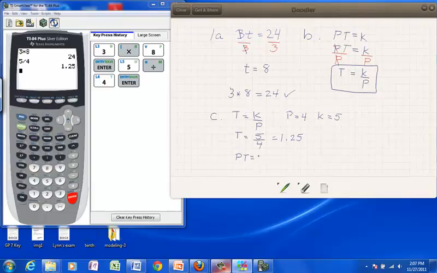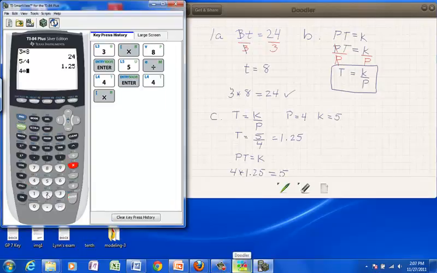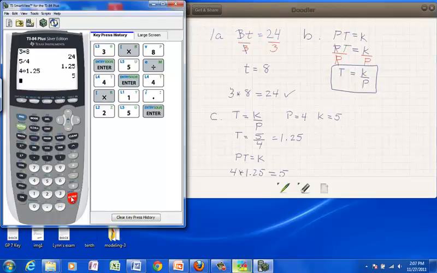So we're going to put p times t, 1.25, and see if that gives us k, which is 5. Great. Since 5 equals 5, we have that this checks.